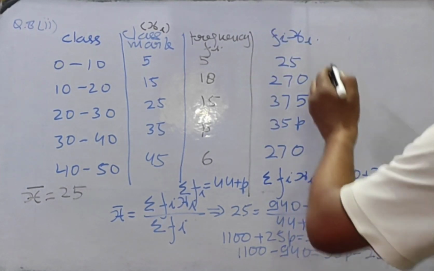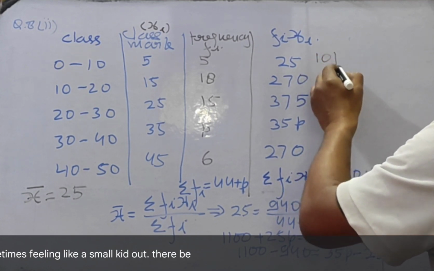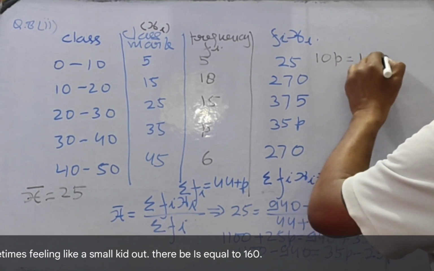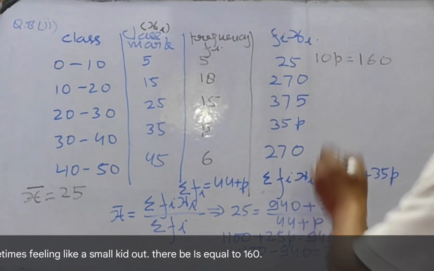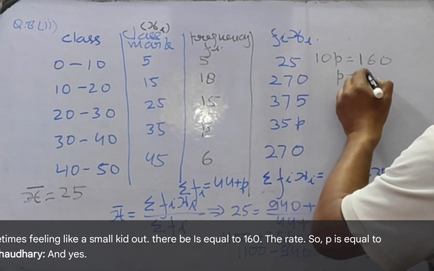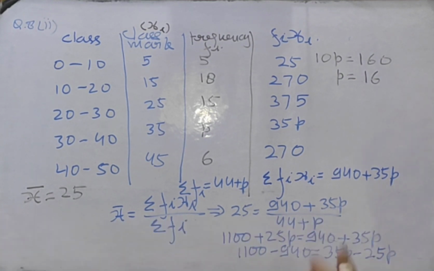Sometimes behaving like a small kid. 10p is equal to 160. Get it? So p is equal to 16. Getting?